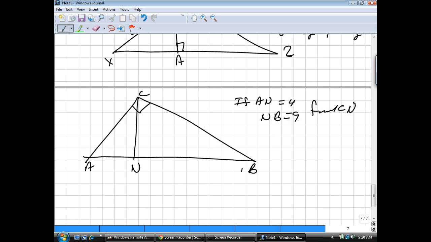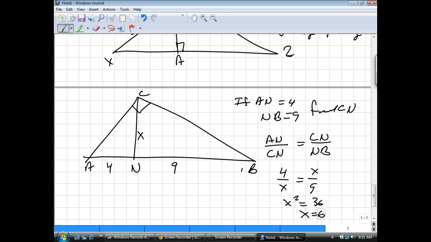So we're finding the altitude. So in this one we're using corollary 1. So we're doing the piece of the hypotenuse is to the altitude as the altitude is to the other piece. Okay? So it's 4 is to x as x is to 9, because this is 4, this is 9, and this is what we want to know. And so we get x squared equals 36, or x equals 6.